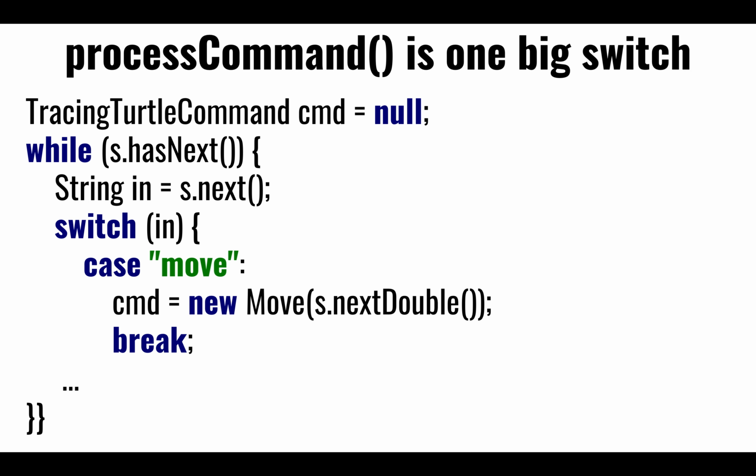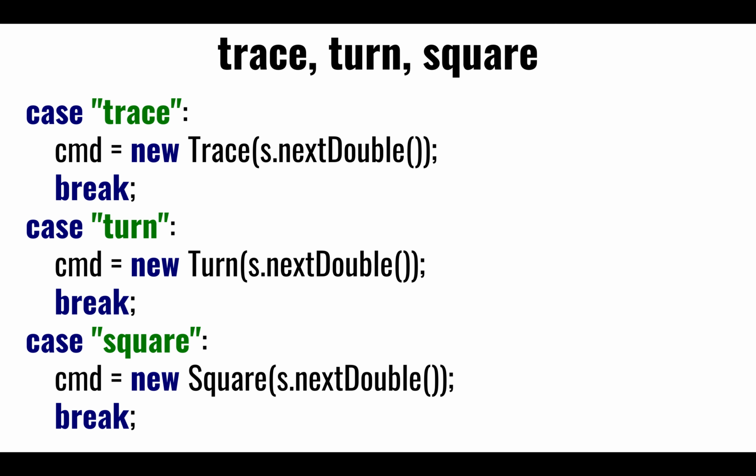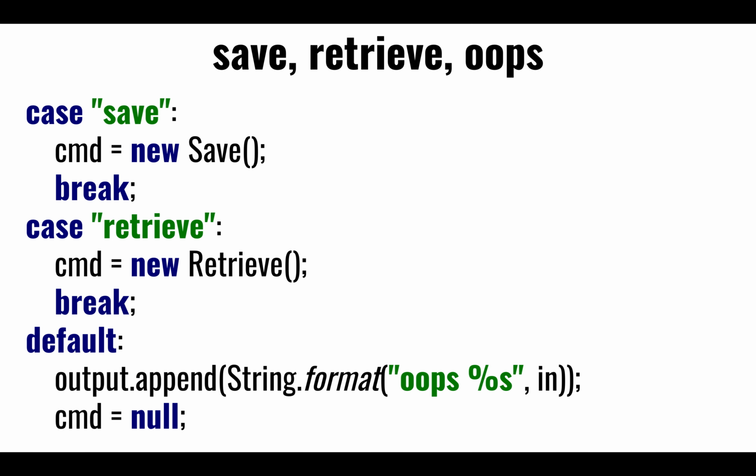So basically, this is the implementation of a finite state machine. So the controller basically is one big finite state machine, right? Depending on the various inputs, it'll transition from one state to the next. So it's a very simple finite state machine, and it'll consume the various commands: move, trace, turn, square, depending on your input.